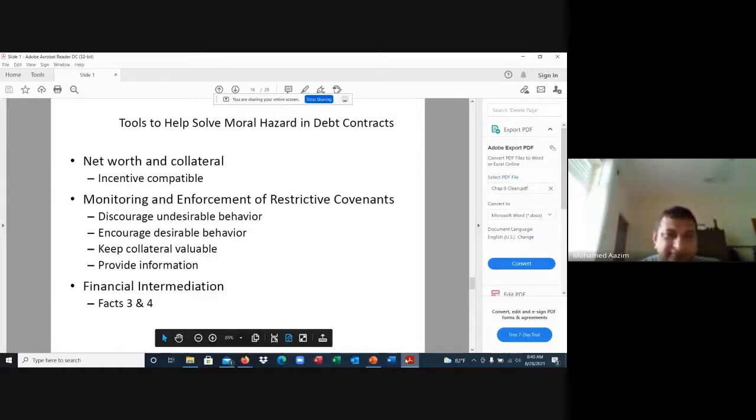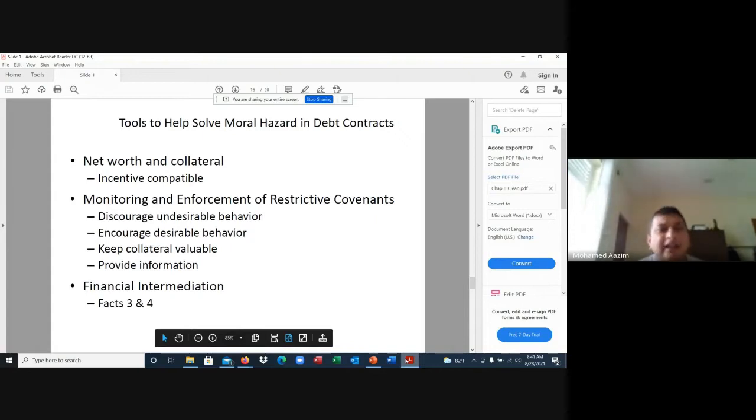That itself makes sure that he also takes the risk, rather than relying fully on the financial intermediary to take the project. So it is on a net worth and collateral basis. They are trying to make sure incentives are compatible with each party to the transaction.